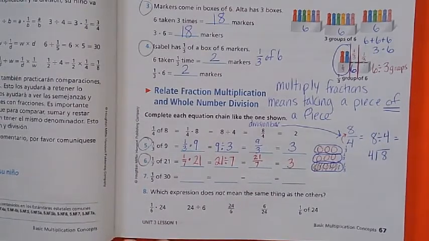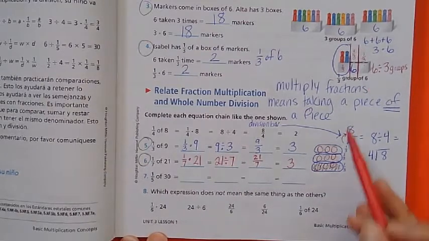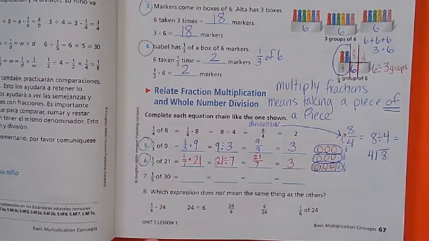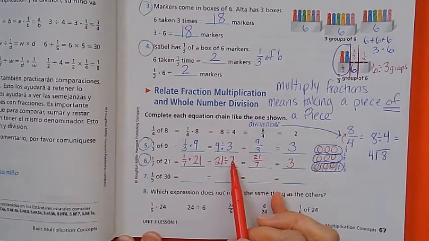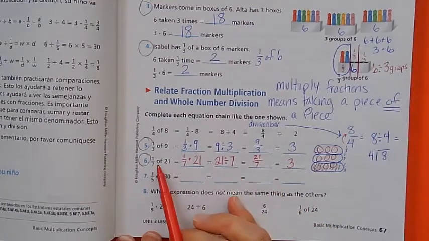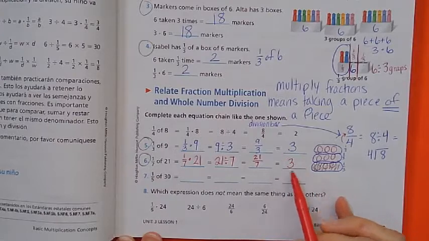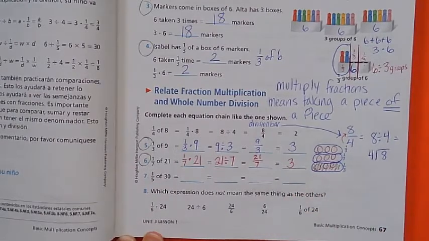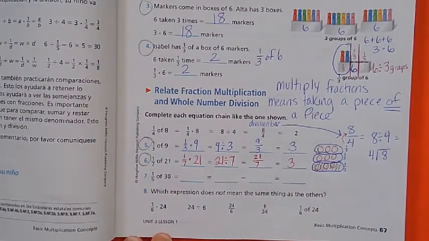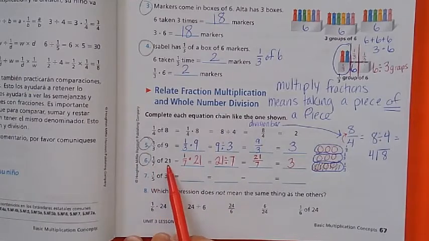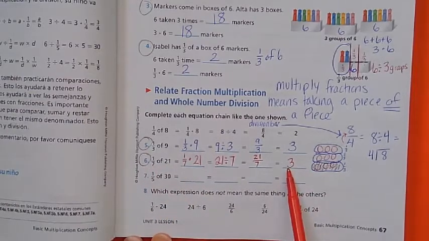So if I had 21 things, 21 pieces of candy, 21 markers, whatever it is, and I need to split it into 7 groups or find 1/7 of 21, there would be 3 in each of those 7 groups. So 1/7 of 21 is 3.